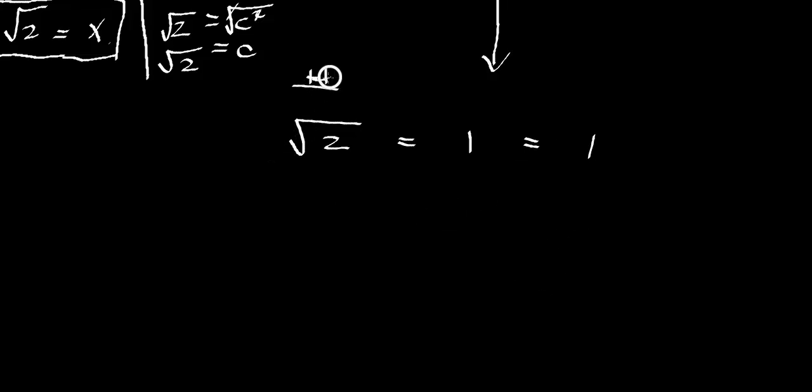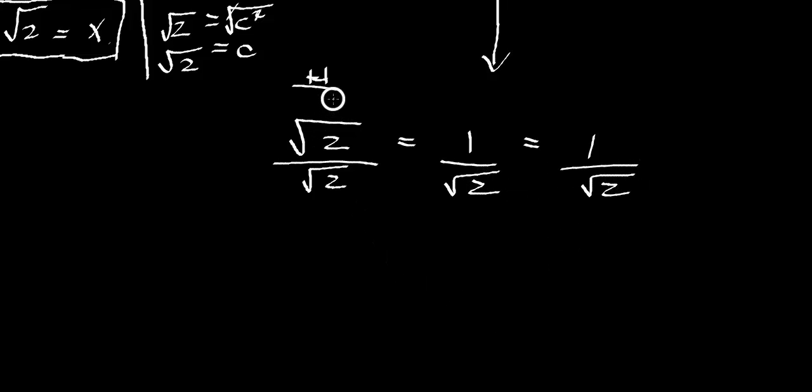We said we wanted our hypotenuse to be a 1, so we divide by the square root of 2. Whatever you do to one side, you have to do to the other and the other. So if you're dividing this by the square root of 2, you have to divide this by the square root of 2, and this. Okay, so this simplifies to a 1 hypotenuse.